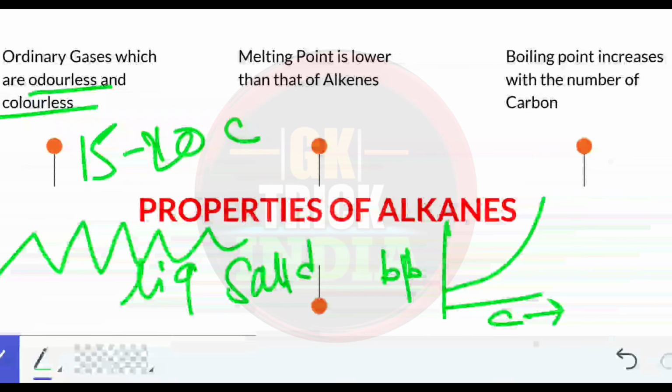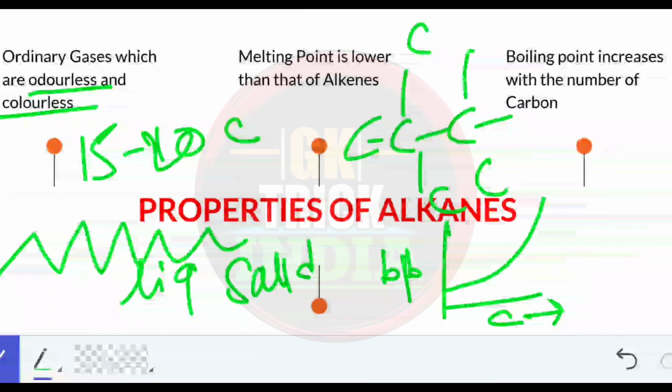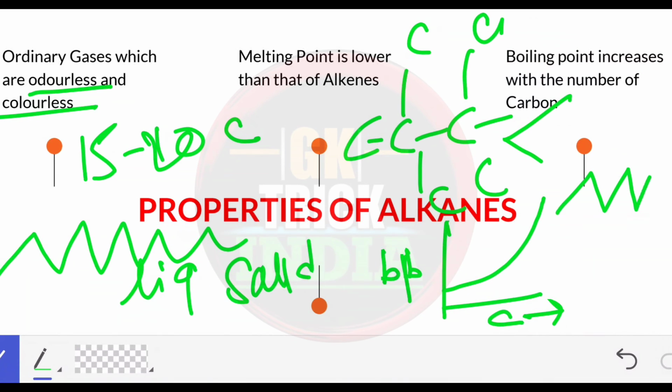Another factor to be kept in mind is branched alkenes, right? Branched alkenes generally have a lower boiling point than linear alkenes. And what is the reason for it?